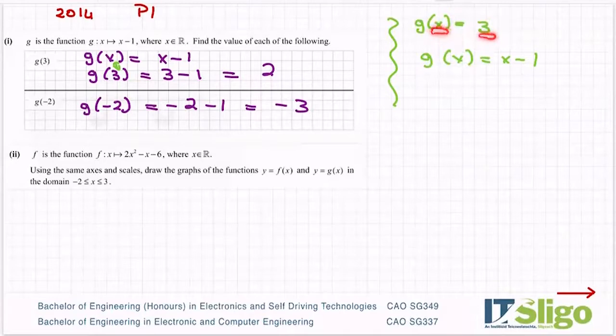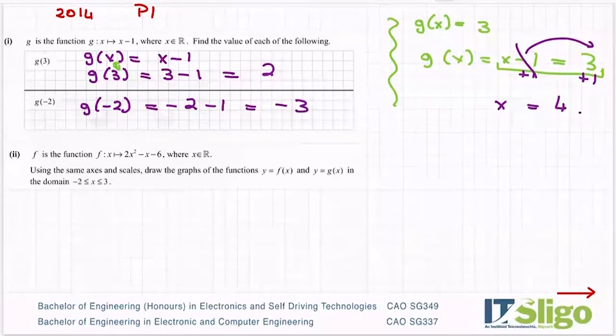Not that x is 3, otherwise they'd have written it as g of 3. They've instead said that this was equal to 3. And they're asking you to find the x value that makes this equal to 3. So x's to one side, numbers to the other, or plus 1 to both sides. So x is equal to 4.